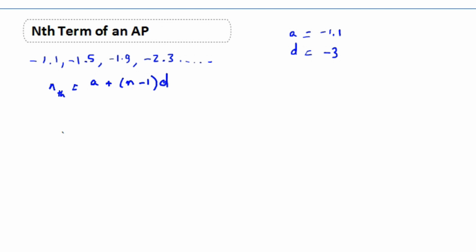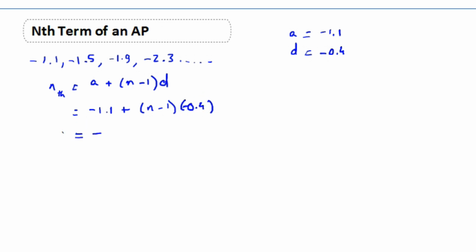So in this case we have got a is negative 1.1 plus n minus 1, we leave it like that, times, I'm sorry, the difference that we had found out was negative 0.4. I wrote negative 3 there earlier by mistake. So that's n minus 1 times negative 0.4.